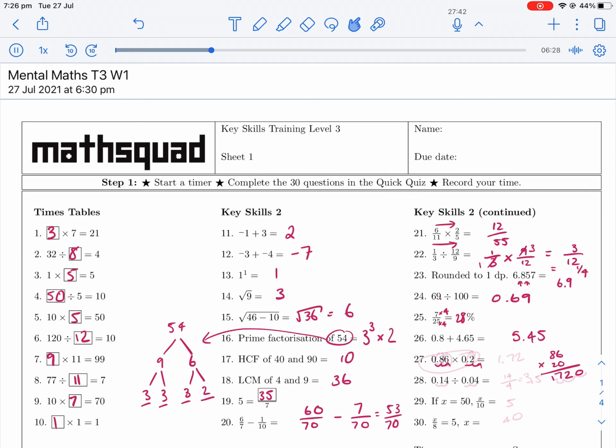Now, going back to your question, how many digits are there behind the decimal point? There's 1, 2, 3. So 1, 2, 3, that's where your decimal point goes. 1.72.